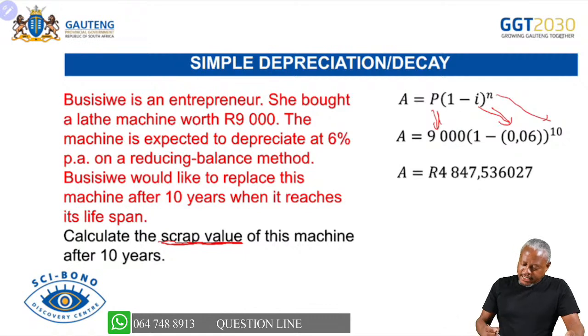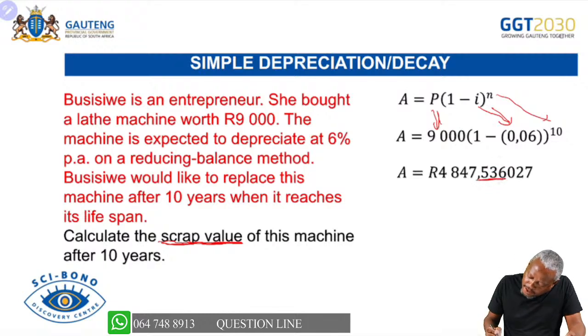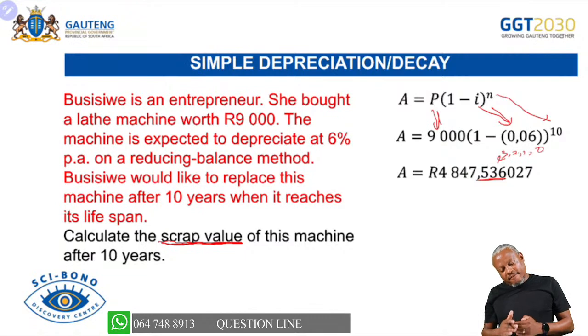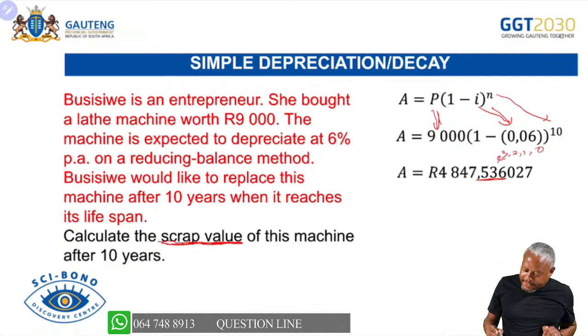So now we check here. We've got 536,020. Then we have to consider this one now. If here is 4, 3, 2, 1, 0, then the answer will be 4,847,53 because after 3 the number is less than 5.